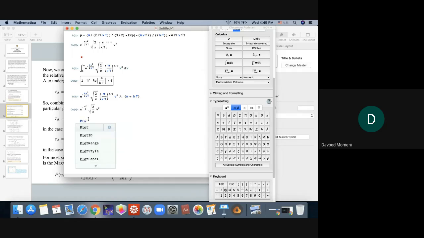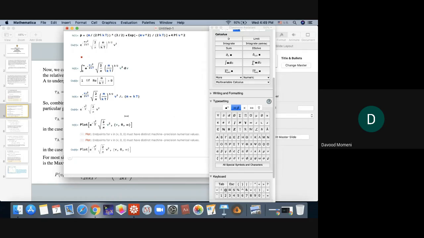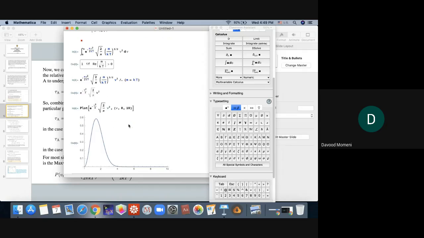I just want to show you what the Maxwell-Boltzmann distribution is. The range of the speed of the particles is from 0 to infinity. Okay, infinity can't be done, so 0 to 10. This is the Maxwell distribution, as you see.